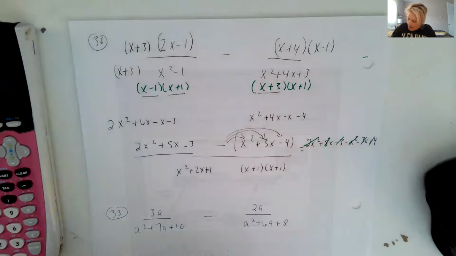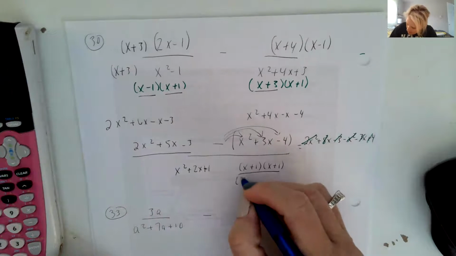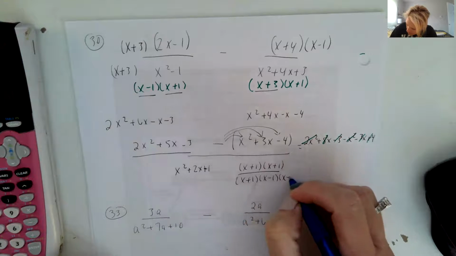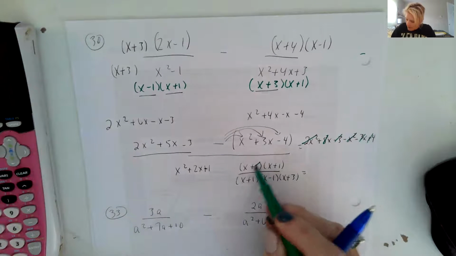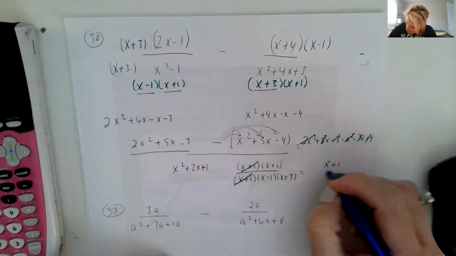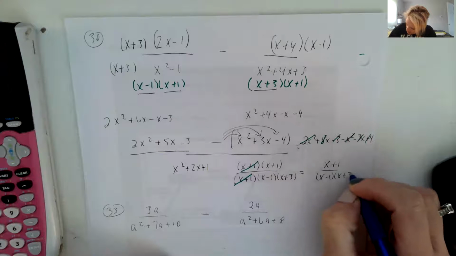That factors into that. Over our denominator, finally, x plus 1, x minus 1 times x plus 3. So the x plus 1's cancel, and we have x plus 1 over x minus 1, x plus 3.